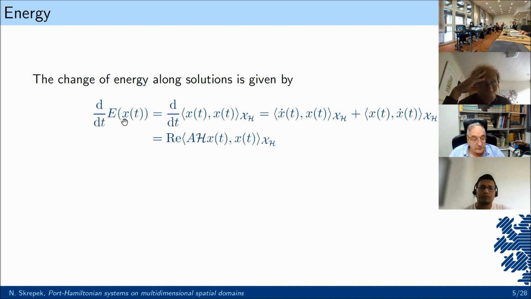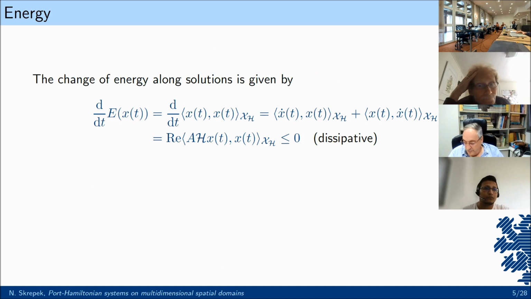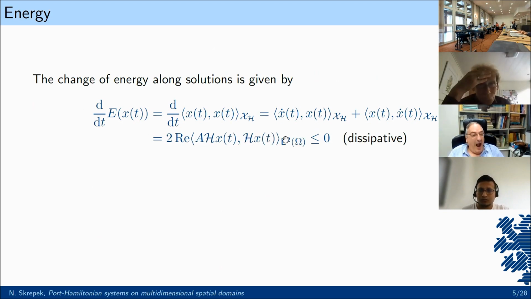We can differentiate the energy, and then we only have to apply a product rule for inner products, and then we apply the differential equation, and then we just have the real part of <AHx, x> in this energy inner product, and we want this to be negative, such that our energy is non-growing. This means dissipative, and we can reformulate this in the L2 inner product just by writing an extra H and this factor 2.